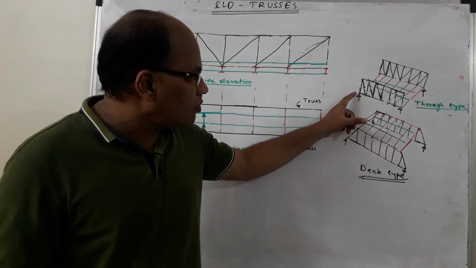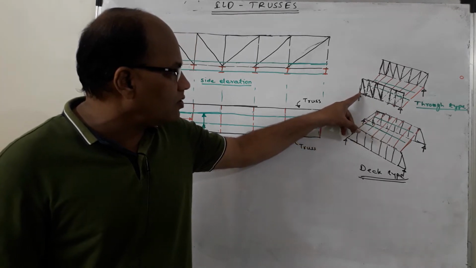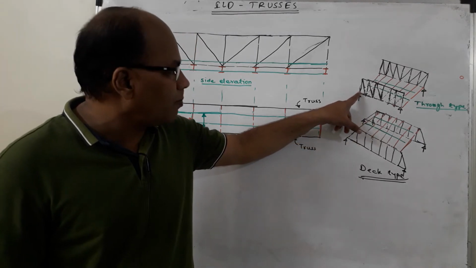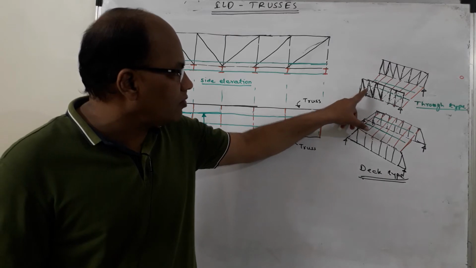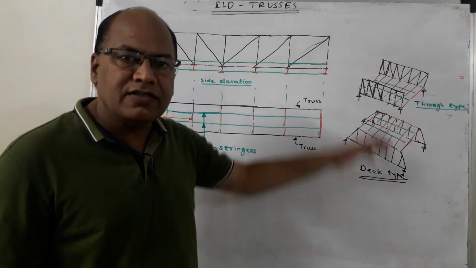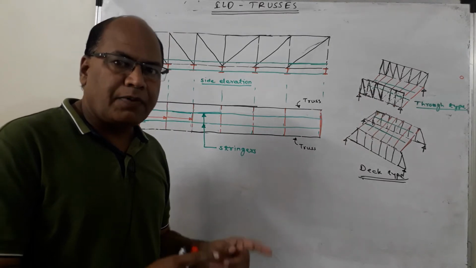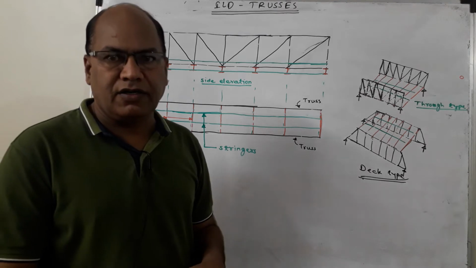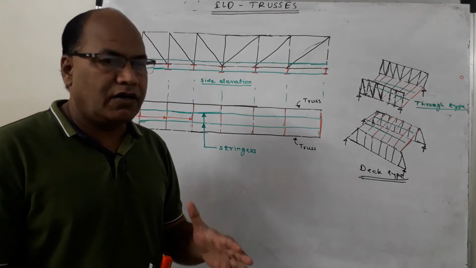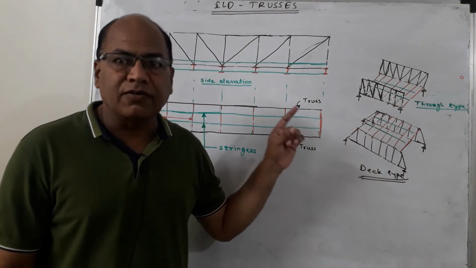So if I want to draw the ILD for this truss, the unit point load's first position will be the first panel point, then the second position will be the second panel point, third will be the third panel point, and this is how the unit load is supposed to move from one panel point to another. This is what you will have to remember while drawing the influence line diagrams for the members of a truss.